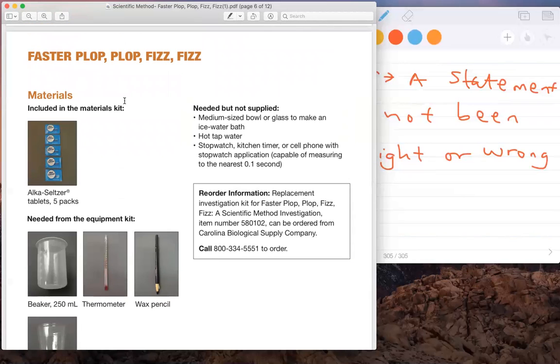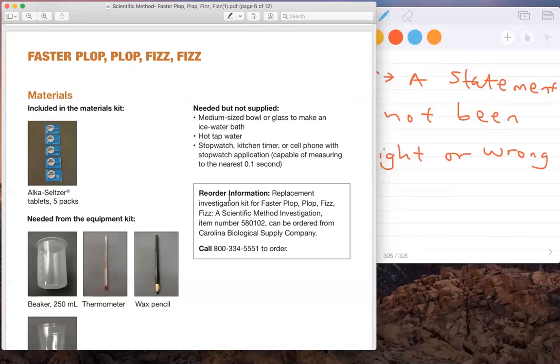This is what I was saying, it doesn't come with your lab kit: a medium-sized bowl or glass to make an ice bath. So you're going to make an ice bath. If you don't have ice, don't worry, you can just do the first two, that is water at room temperature. Just get the water, let it sit for a couple of minutes, and take that as room temperature water.